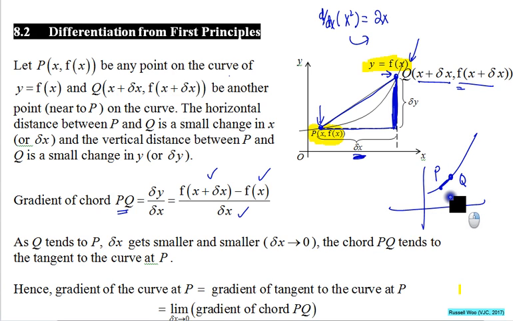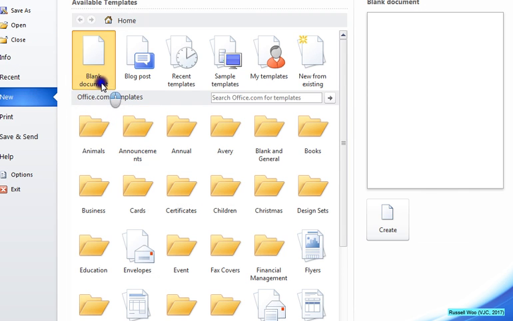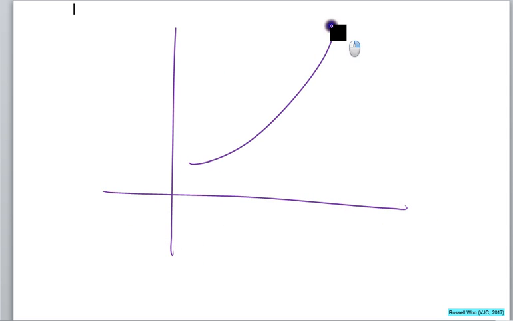The closer Q is to P, the gradient of the chord PQ will be the gradient of the tangent at P. One more time. What do I mean? I have P here. Actually, the tangent is this one, correct? This is the gradient of the tangent at P, right?